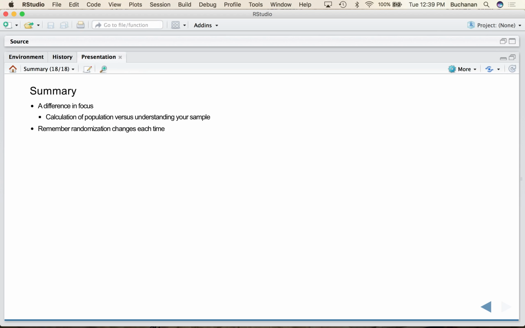So kind of in summary, it's really a difference in focus. I am focused on this sample. I don't care about some population pie in the sky. If you read Hal's website, he talks about how we don't think statisticians sit here and dream about populations and perfect normal distributions. Really what's happening is we're down here dealing with dirty data, and we just don't know necessarily how to deal with very skewed data in an appropriate way.